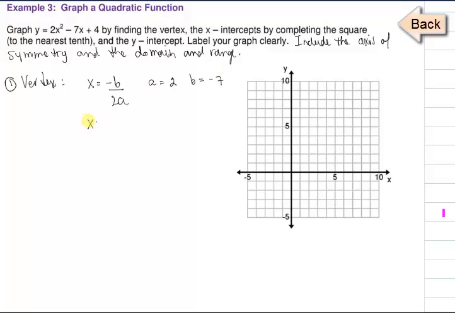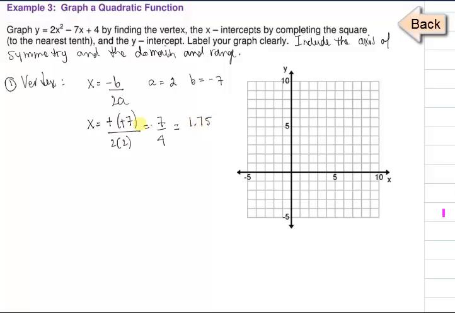So I'm going to plug that into the formula: x equals negative b, which is -7, over 2 times a, which is 2, and this works out to +7 over 4, which when you work that out on your calculator is equal to 1.75. We're not going to round this off just yet because I need to find out what the y-coordinate of my vertex is.